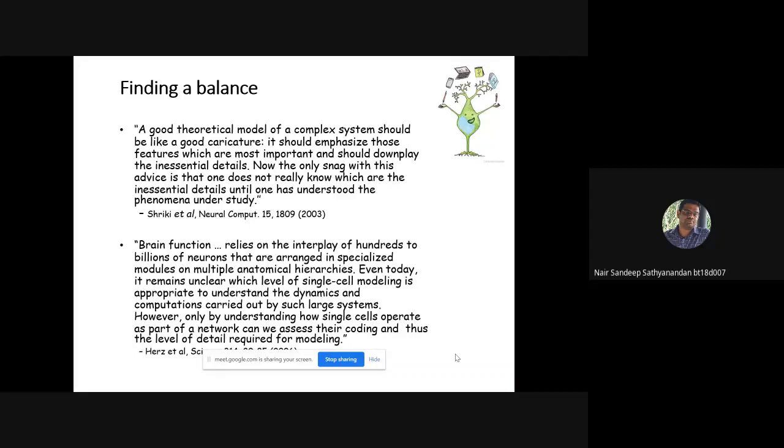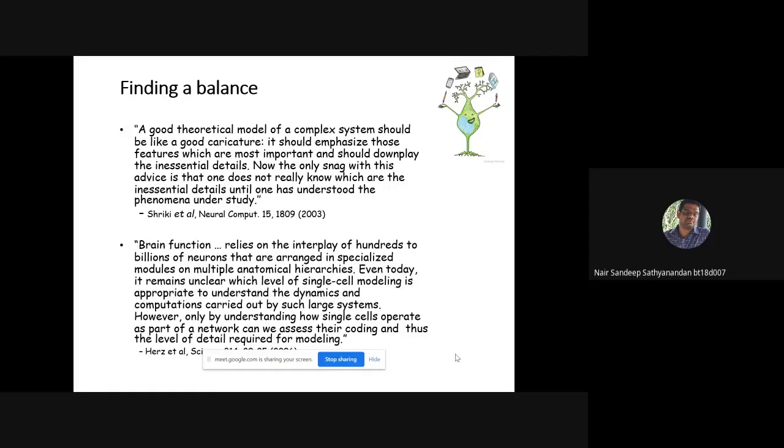So now the brain, like we know that the brain function relies on the interplay of millions, billions of neurons. Each neuron will be displaying different sorts of dynamics and behaviors. So how do we selectively take care of some properties of the neurons and ignore the other properties of the network?